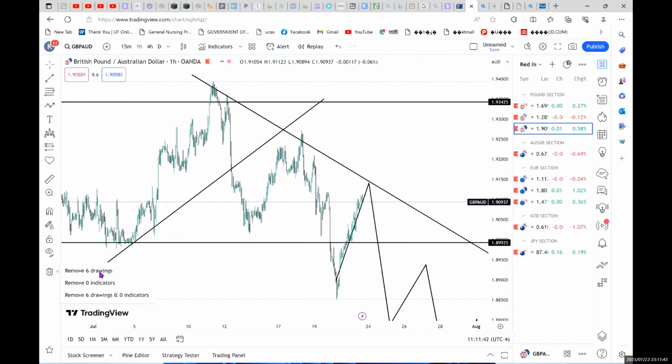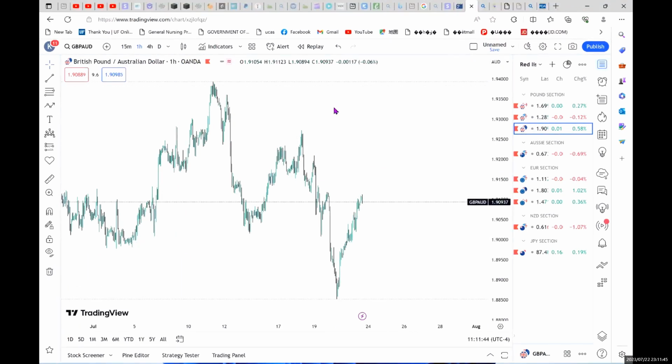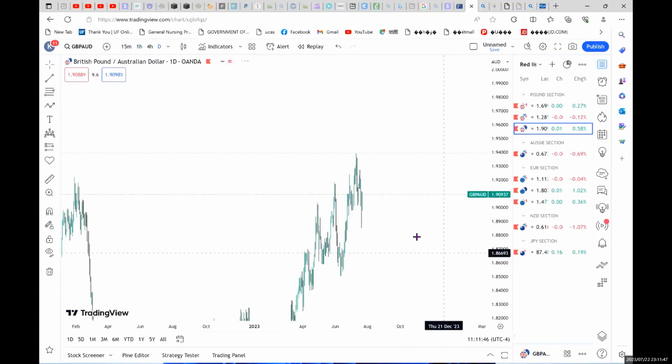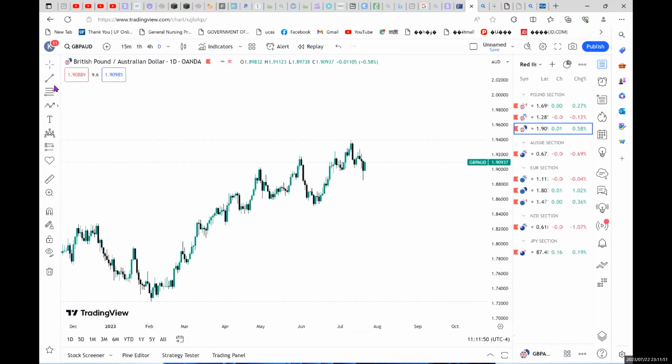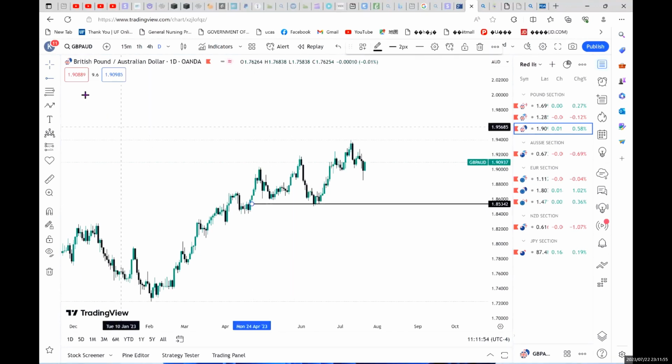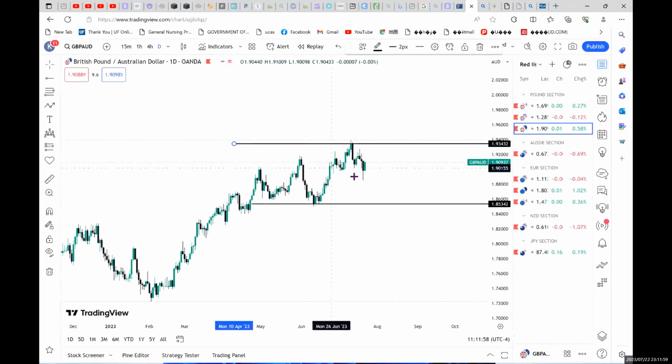GBPAUD. Let's clear this chart out. Let's check the daily. We mark out our low here, higher low, and high. So we're within this range on the daily.